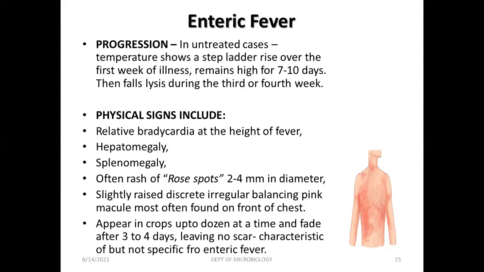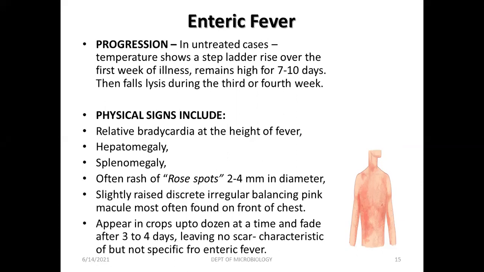Hepatomegaly, splenomegaly, rose spots, a rash about 2 to 4 millimeter in diameter, slightly raised, discrete, irregular, blanching pink macules, most often found on the front of the chest.